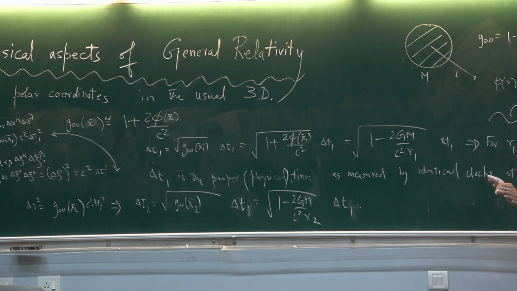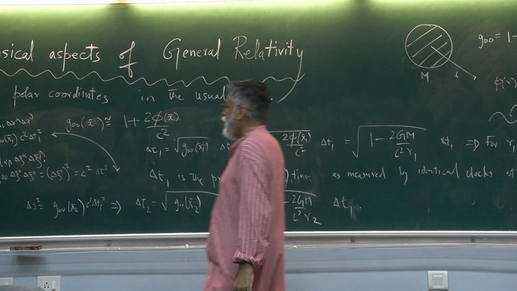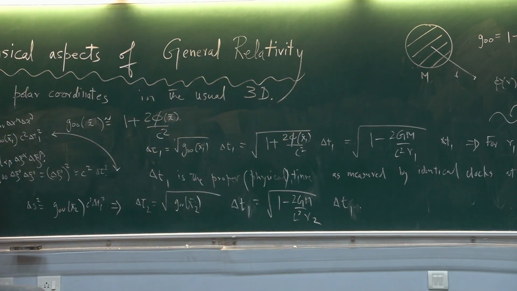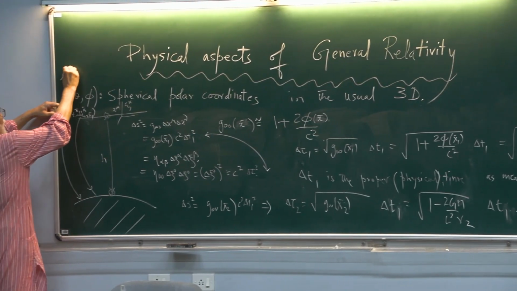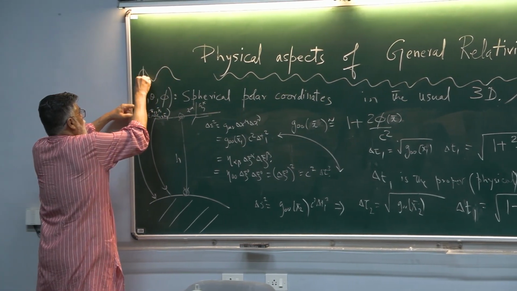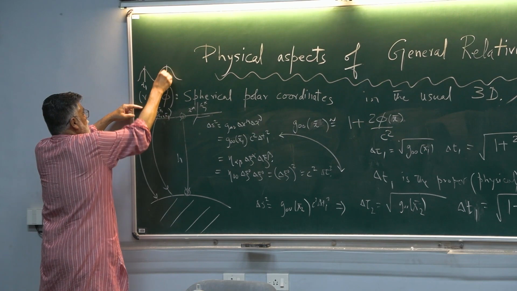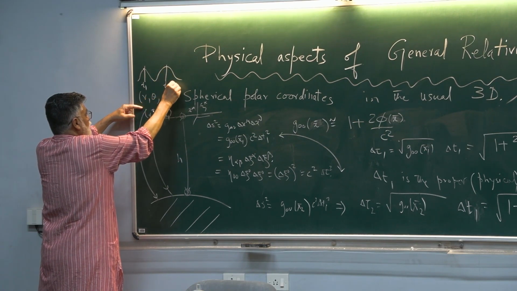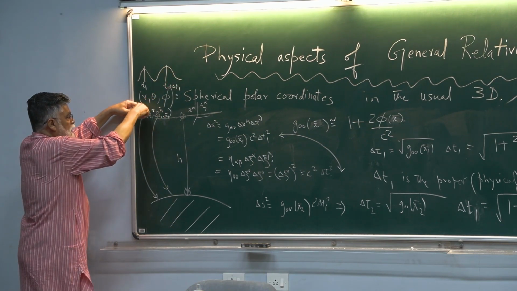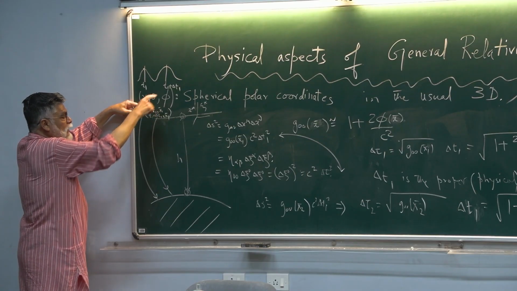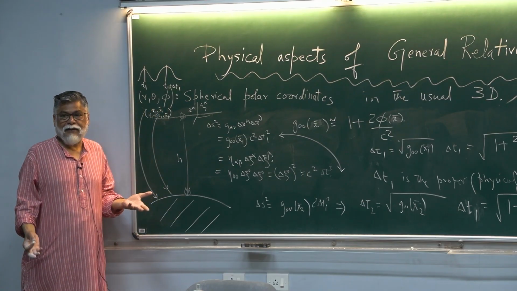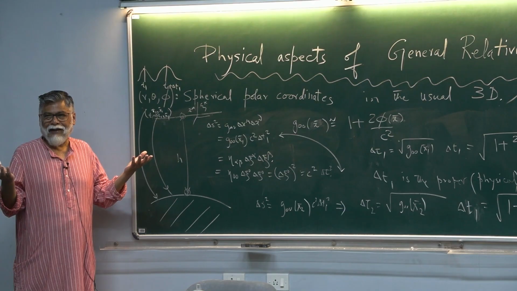But now you say, okay, what are the measured quantities? Tau 1 is all that, but supposing I am sending a light wave. There is a crest of the wave at T1, and the next at T1 plus delta T1. So c into delta T1 is the wavelength of the light emitted.